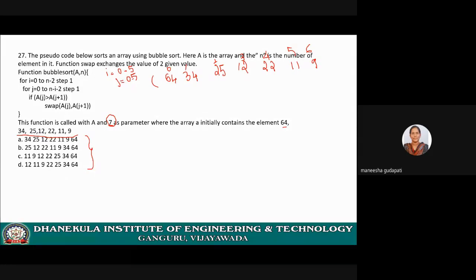Initially j equals 0. A of 0 is 64 and A of j plus 1 is 34. If A of j, 64, is greater than 34, then you have to swap.